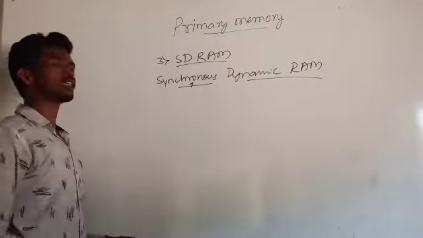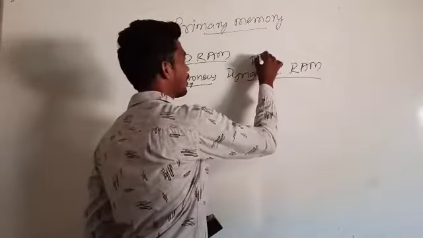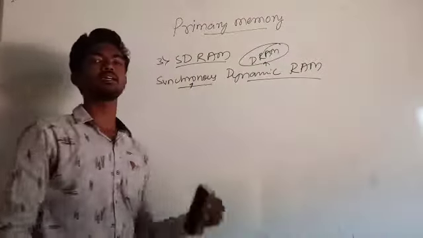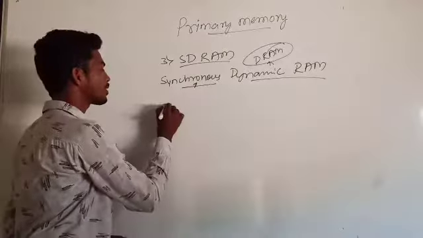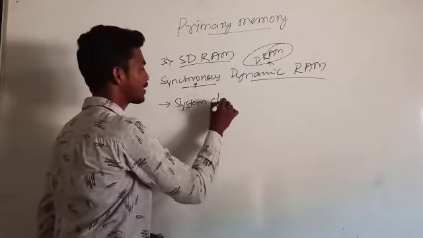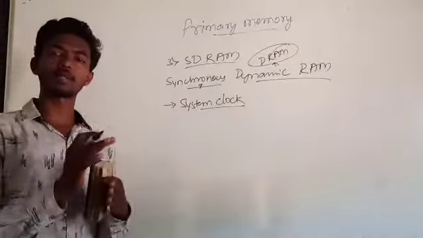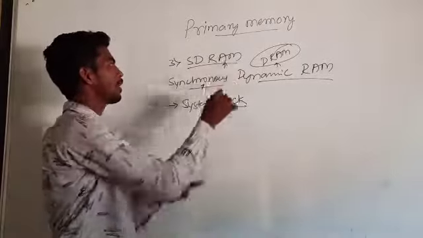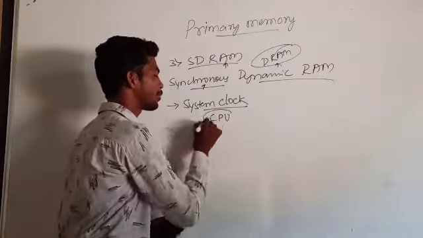This synchronous dynamic RAM is the same as a DRAM, but the simple difference between a DRAM and synchronous dynamic RAM is that it is synchronous with the system clock. It means the RAM is synchronized directly with the CPU.